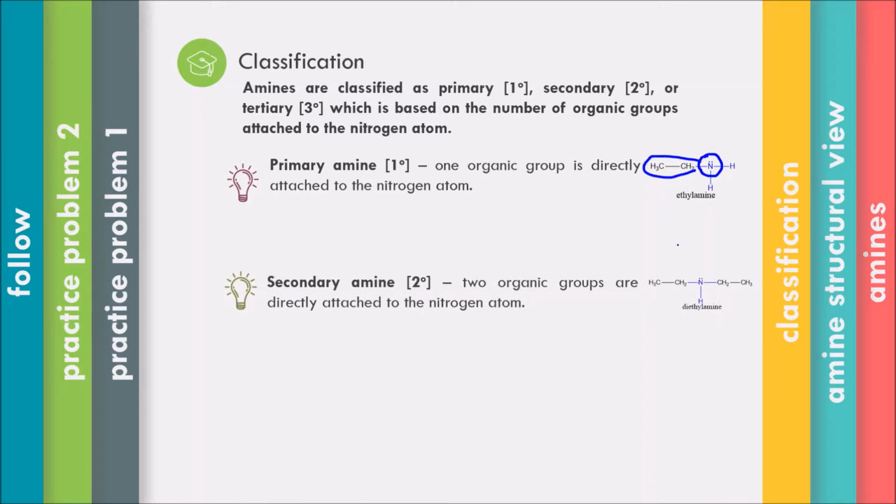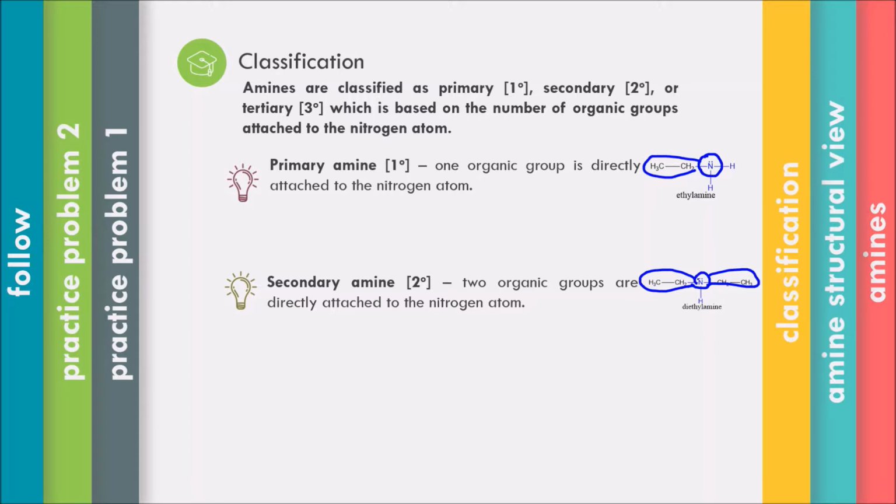Secondary amine, we have two organic groups directly attached to the nitrogen atom. So in this example, you have nitrogen over here, and it has one alkyl group, and it has a second alkyl group. And this hydrogen doesn't count.